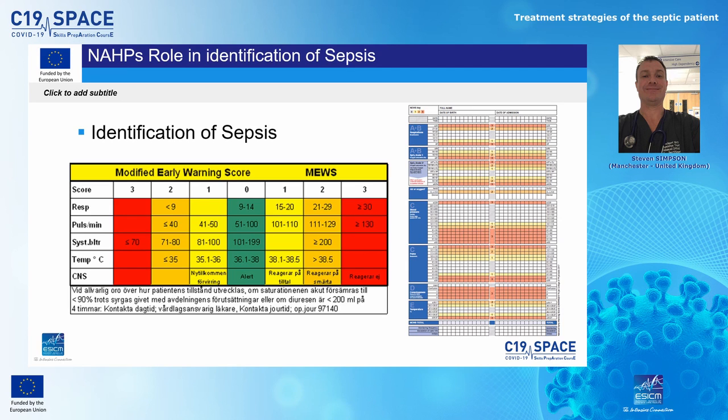They give a score from 0 to 3 on parameters such as respiratory rate, pulse, systolic blood pressure, temperature and neurological function. The score then guides the nurses and allied health professionals and doctors to whether a patient may be deteriorating, and this could be with signs of sepsis. But these scoring systems can also be a little bit confusing.